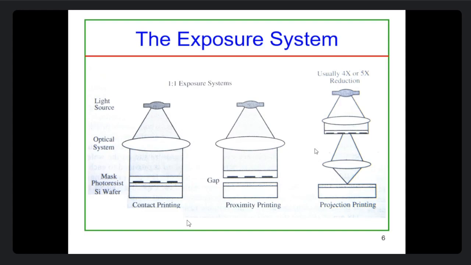So technically, in this figure, and in the previous slide where I showed the same figure, that was a colored one. Can anyone tell me, out of these three exposure systems, which one should technically be called mask, and which one should technically be called reticle?